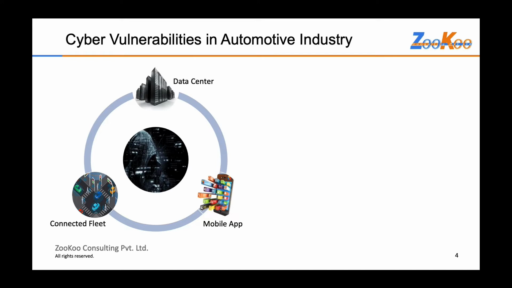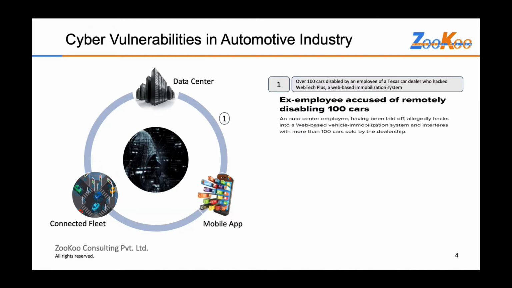On top, you see the data center, which is usually vulnerable if the hacker is someone internal to the organization. However, it is not always the case. Second, we will see the mobile applications. And then we will see the connected fleets, where internet connections are there.